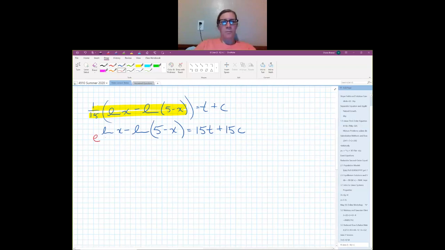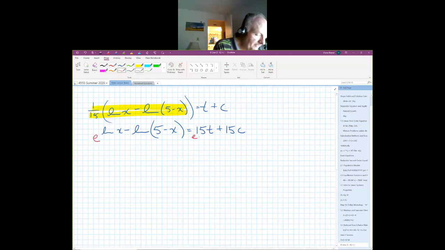And so now we proceed, right? Now we go e to both sides. Oh, sorry, we have to do this first. We have ln of x over 5 minus x equals 15t plus 15c.